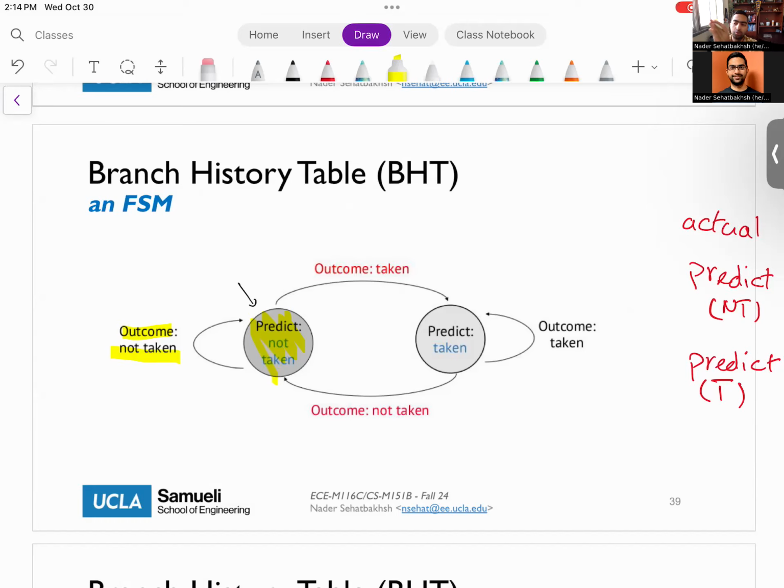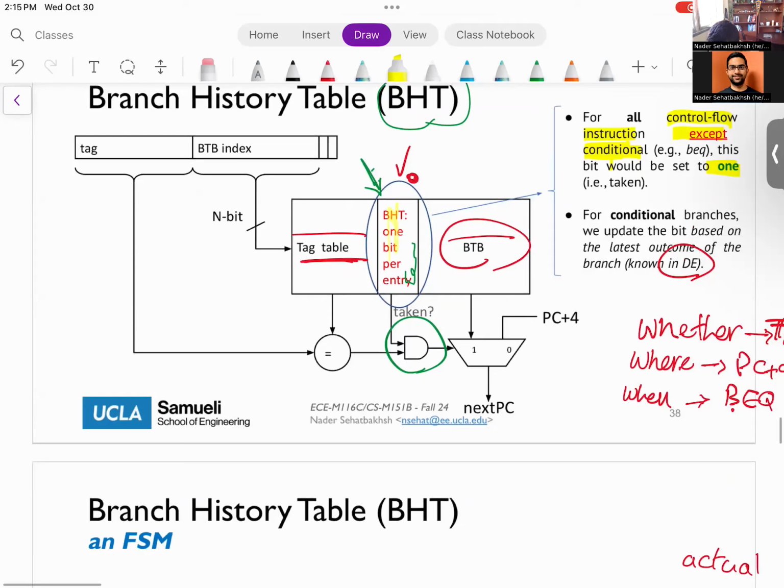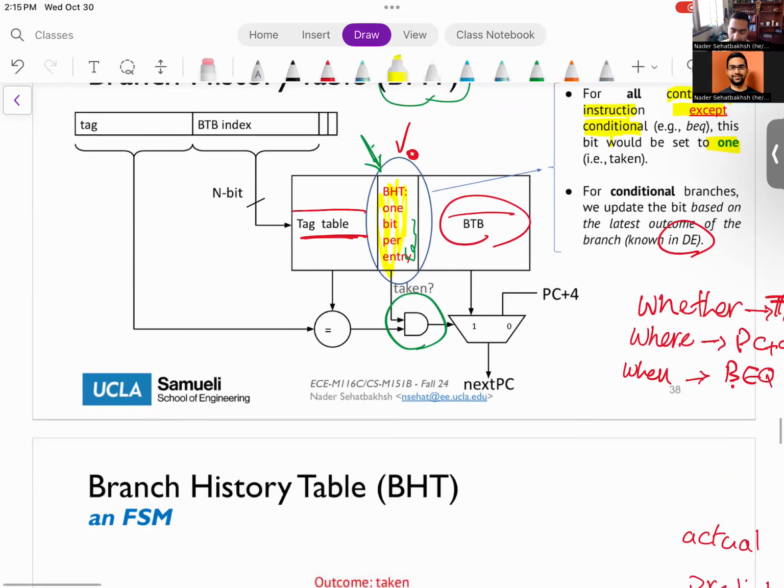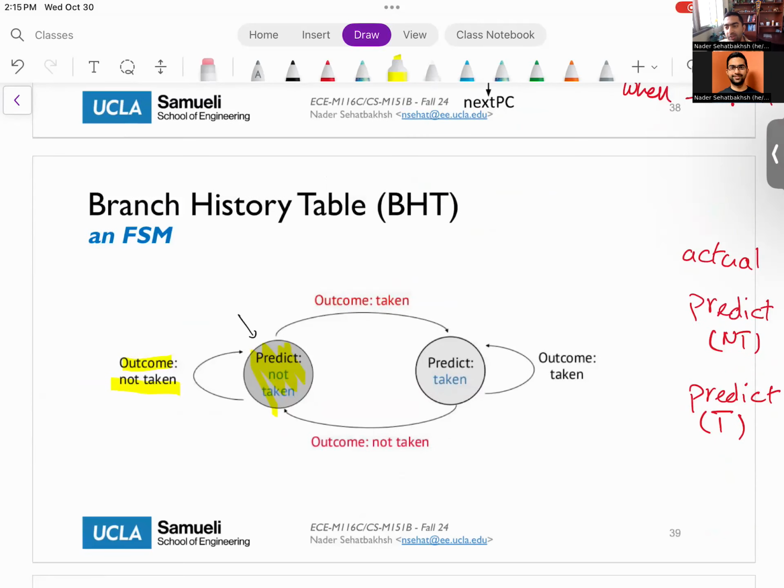The branch goes into the decode stage, and during the decode stage, we see the actual outcome. Was it indeed not taken, or was it a mistake and we made a misprediction, and it was taken? Based on that outcome, we're going to update our branch predictor. So we're going to go back and update this bit here. Essentially that means we're going to switch from one state to another state if need be.